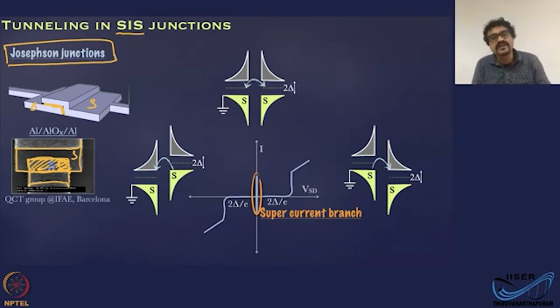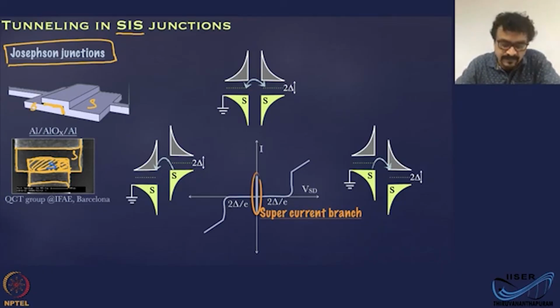Okay, now let's discuss the transport. Now since both are superconductors, let's assume that they are the same superconductor, I mean the same material. So the gaps are the same on either side, the transition temperature is the same, everything is the same.